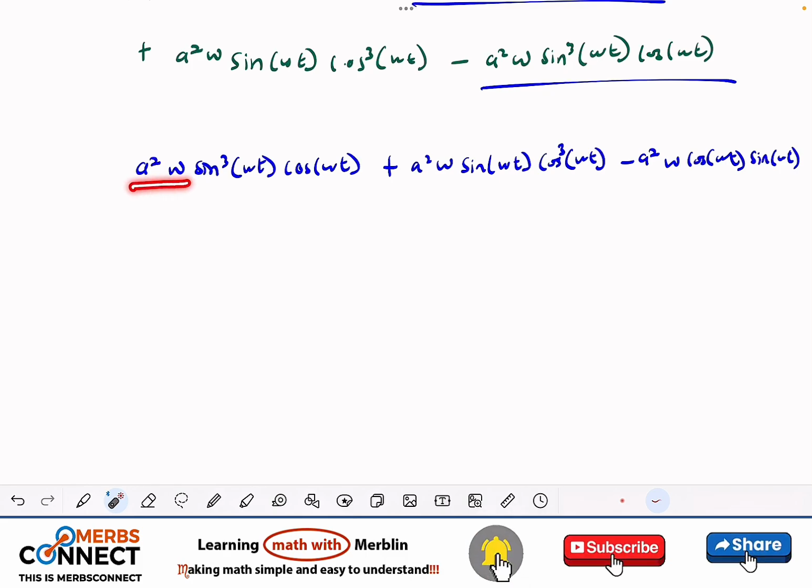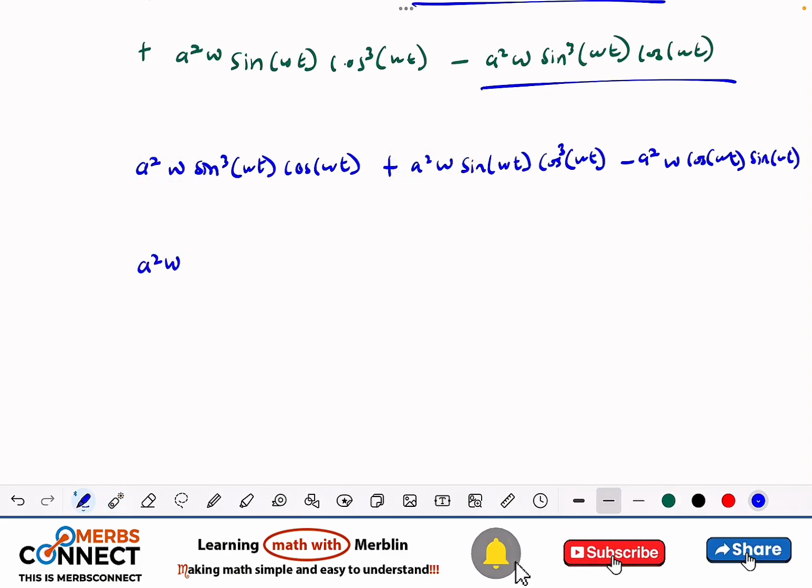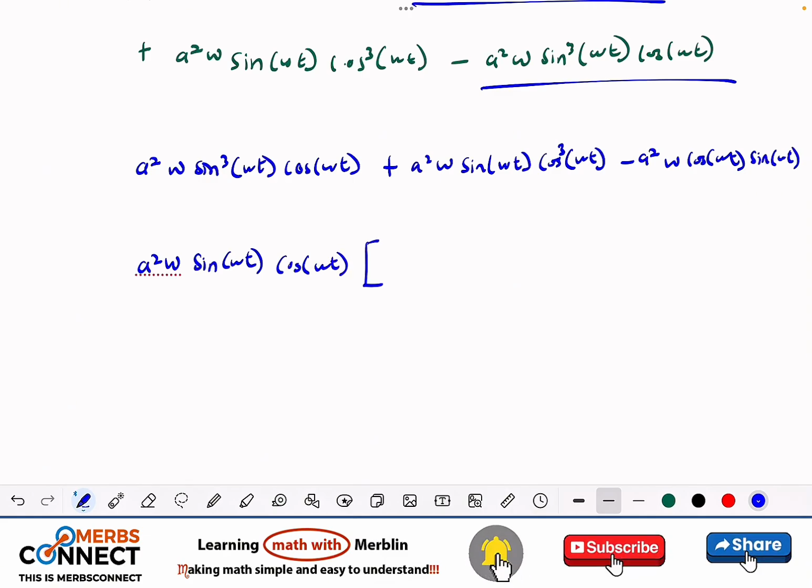Okay, let's factor this and this out. So a squared omega out. Then I have sine here, I have cos here, I have sine here, I have cos here. Let me factor it out. So I'm going to have sine omega t out, cos omega t out.